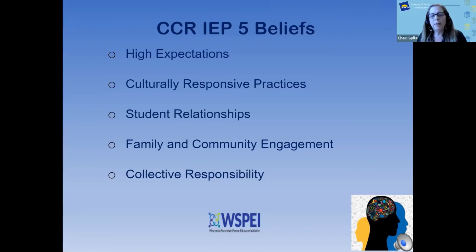Item number 4 is family and community engagement. That means having us at the table as parents, and that we are necessary in order for students to become college and career ready, okay? Students spend only 15–20% of their time in school. The other part of the time, they're at home, they're in the community.